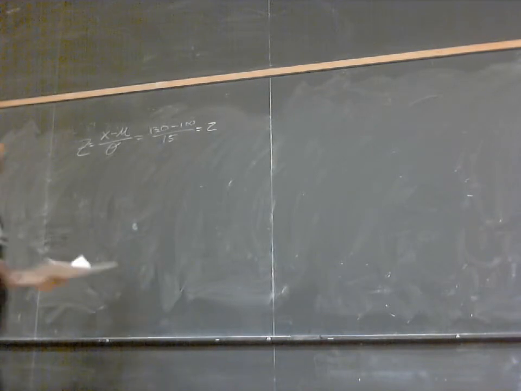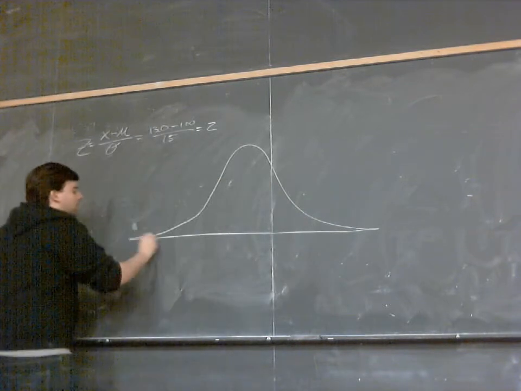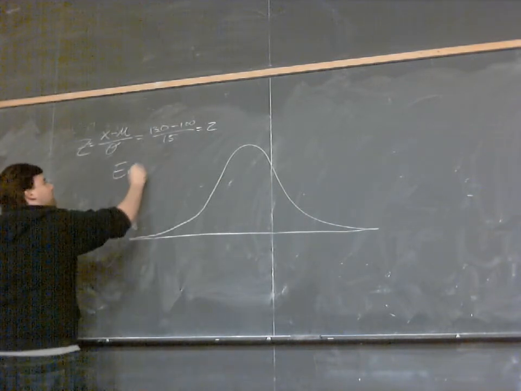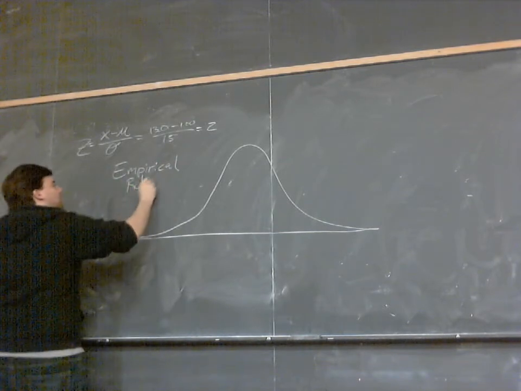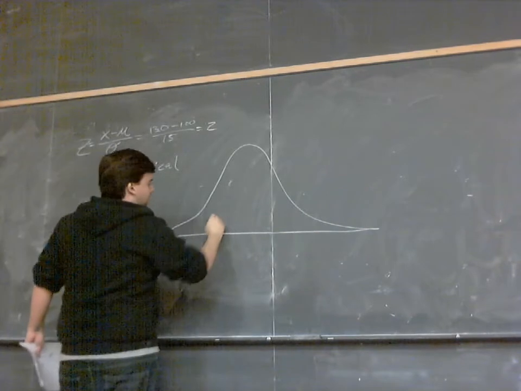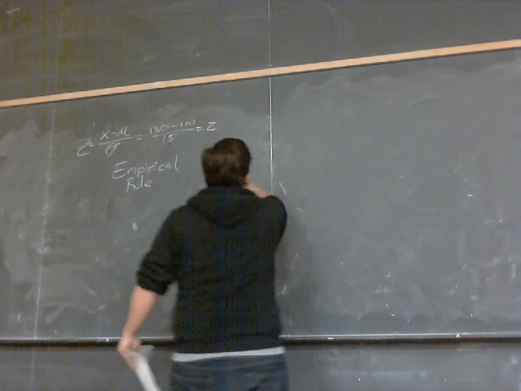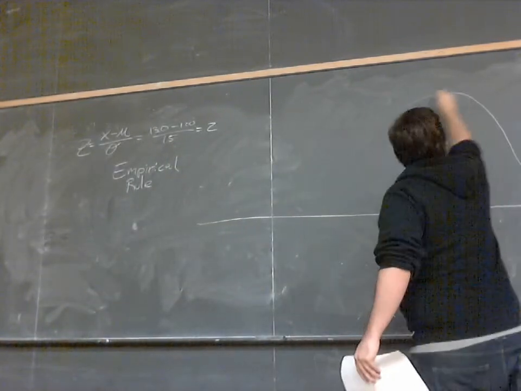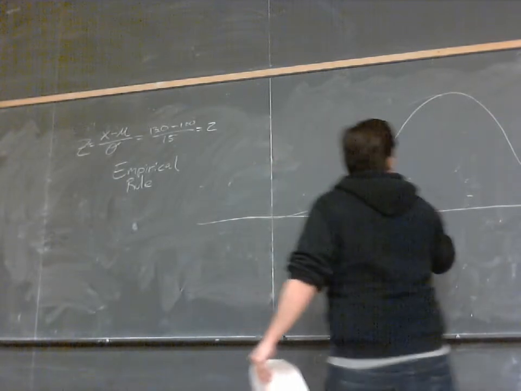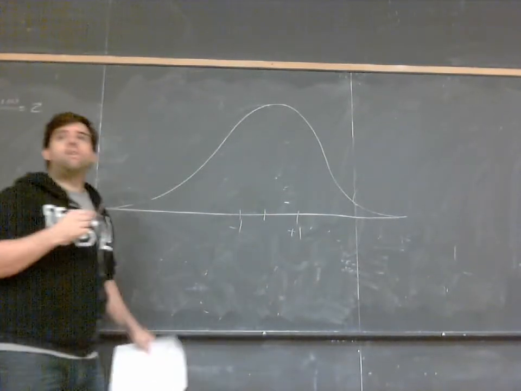So we're talking about the empirical rule, which tells us probabilities based off the z-scores. From -1 to +1, these are z-scores here. So what's the z-score for the mean itself? 0.